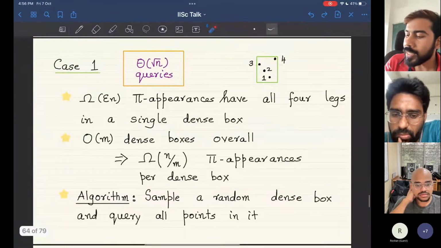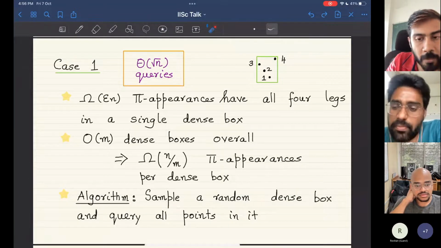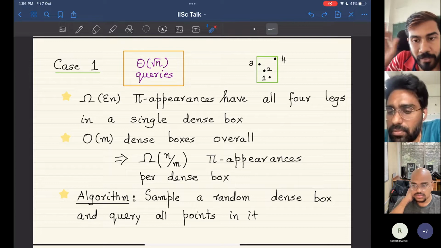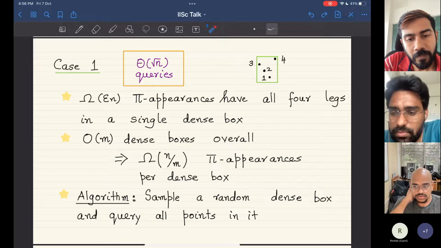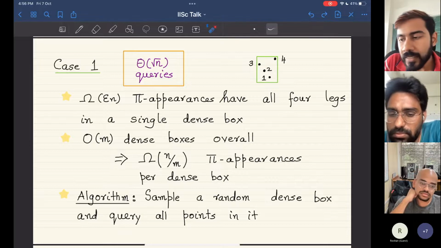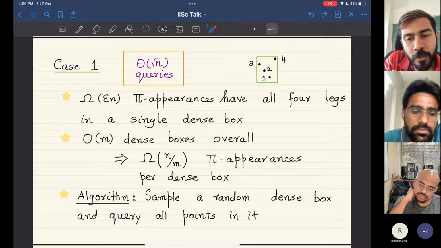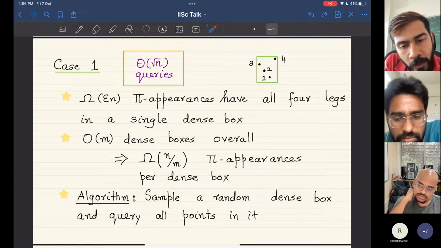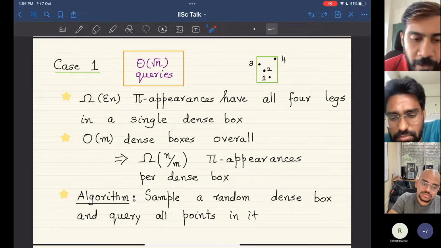Which means I can simply sample a random dense box from among the dense boxes I've determined and query every point in it. And since dense boxes only have at most root n points within them, I'm only making root n queries. So I've dealt with one particular configuration.